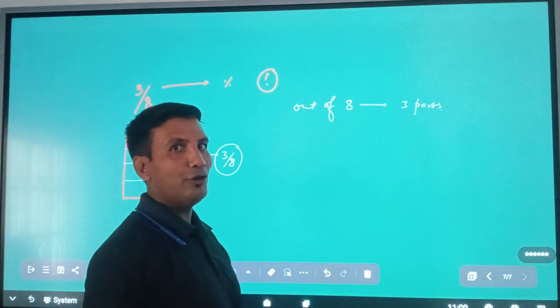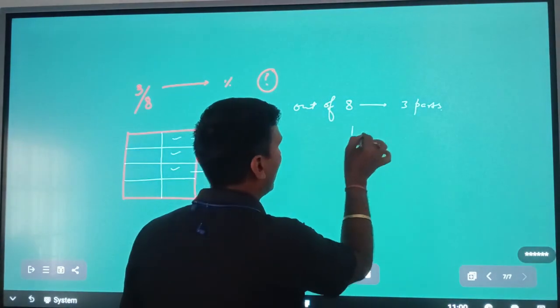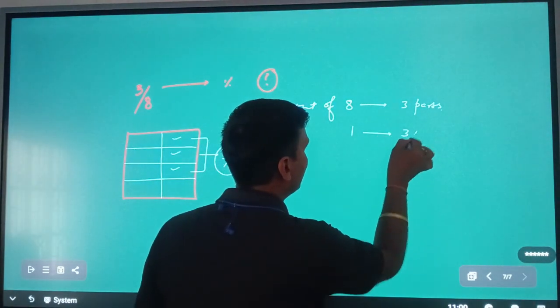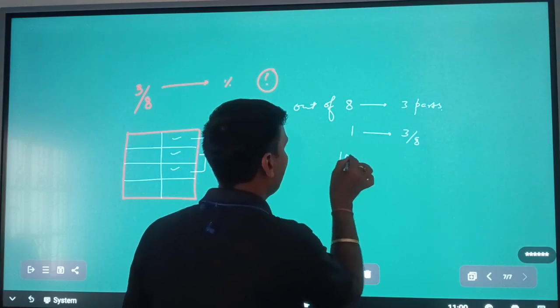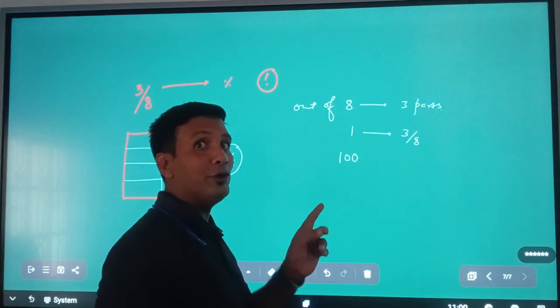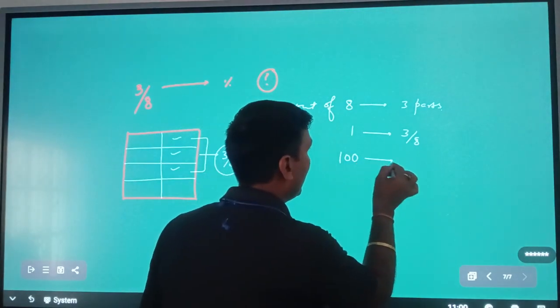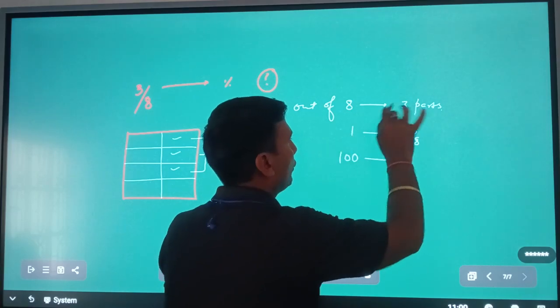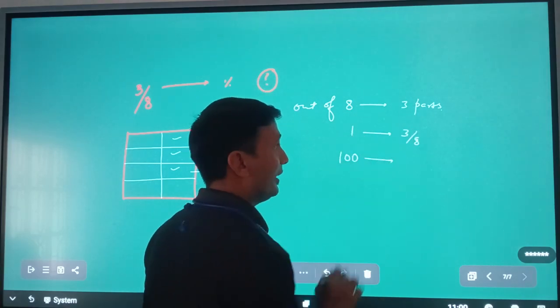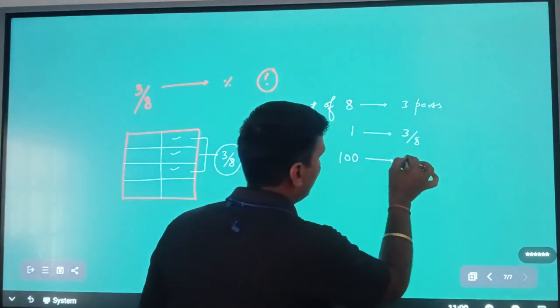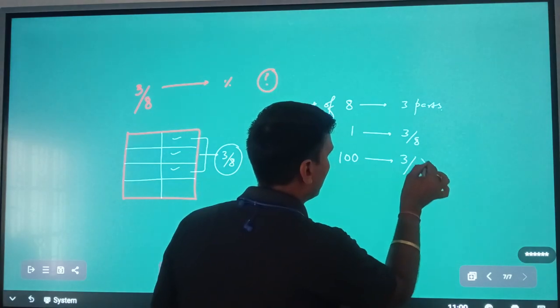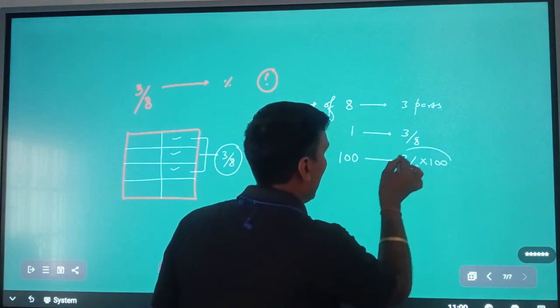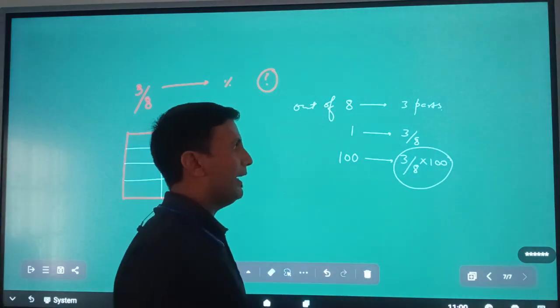By unitary method, out of 1 we can consider 3 by 8, and if the whole thing has been divided into 100 parts, then if 1 belongs to 3 by 8, that means 100 belongs to 100 times more of that. So we multiply this one by 100, and here comes the format.